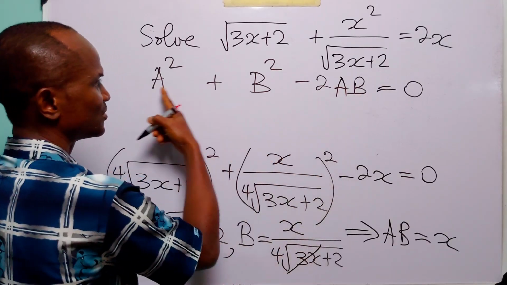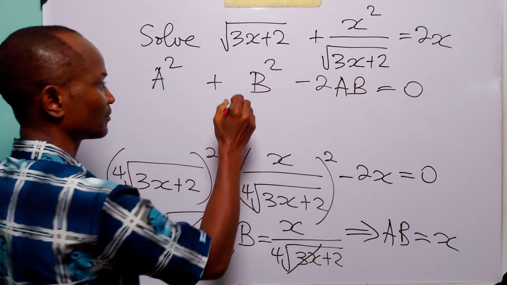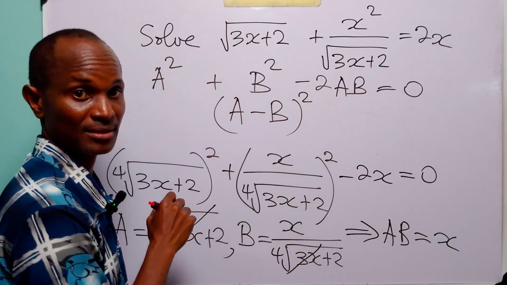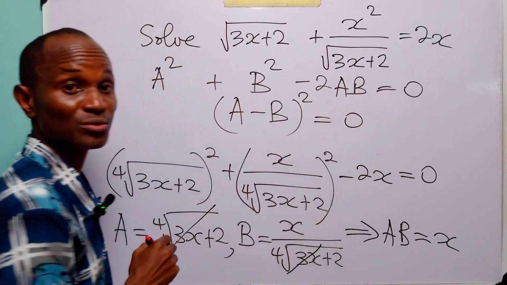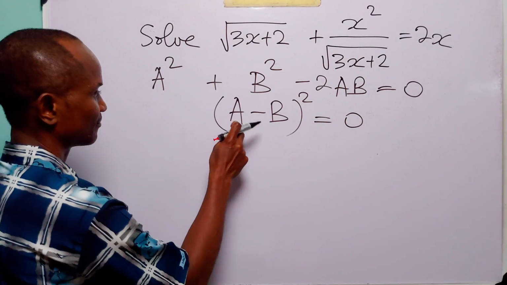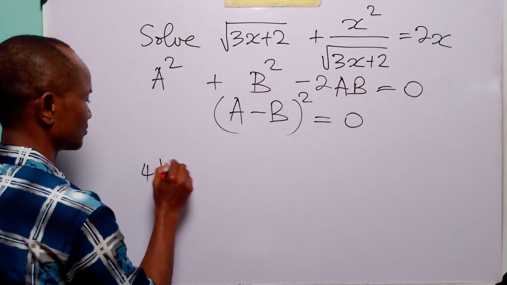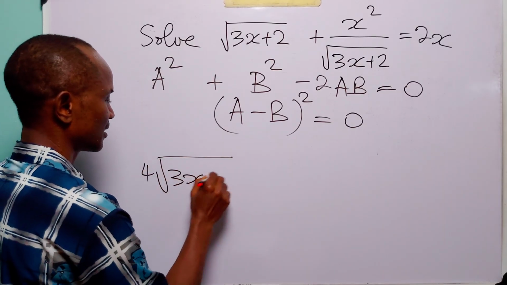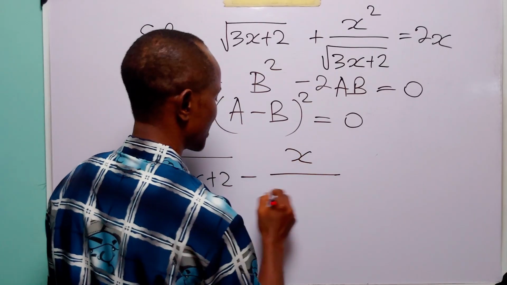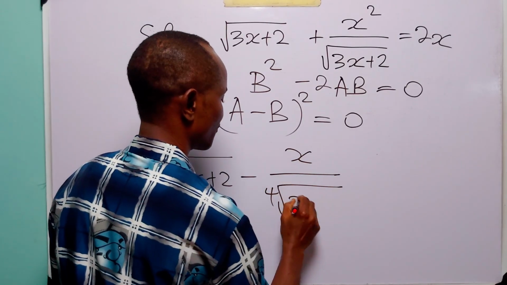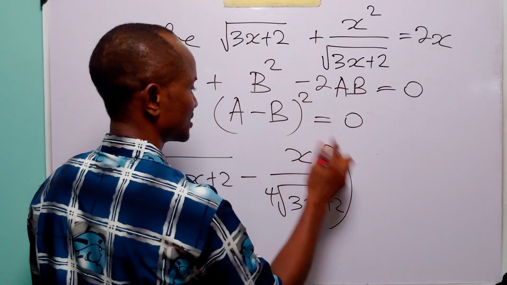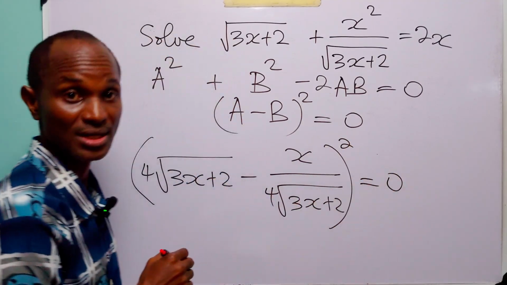Now, when you look at this, you will see that this is the expansion for a minus b squared, and this is equal to 0. So the equation can be written as the fourth root of 3x plus 2 minus x over the fourth root of 3x plus 2, all squared, is equal to 0.